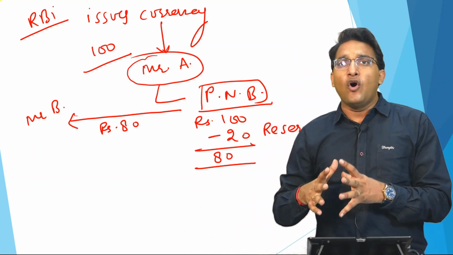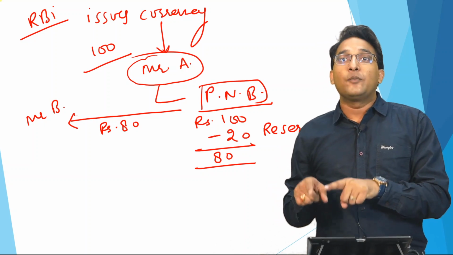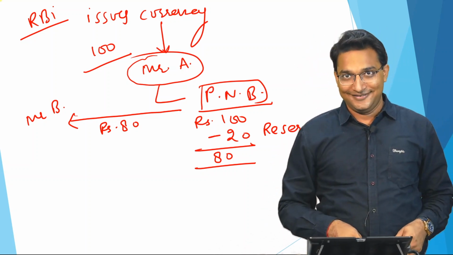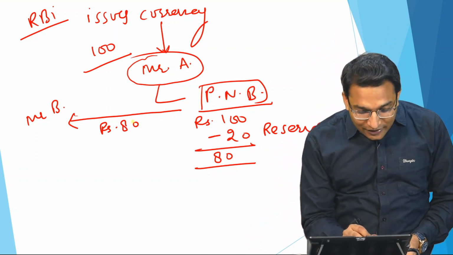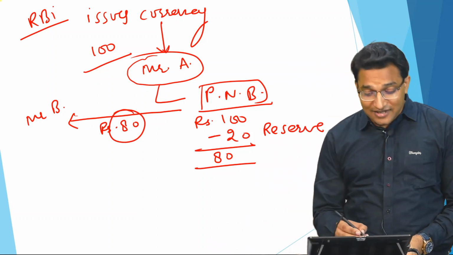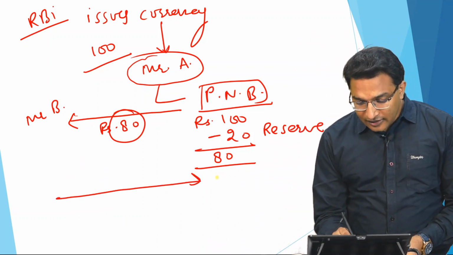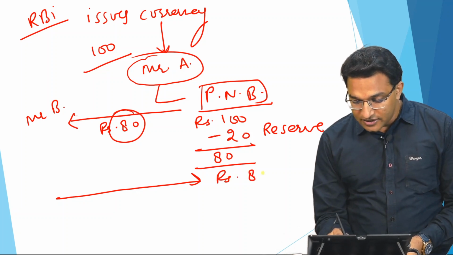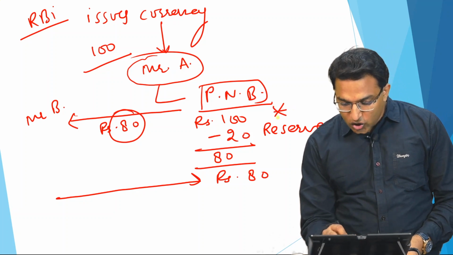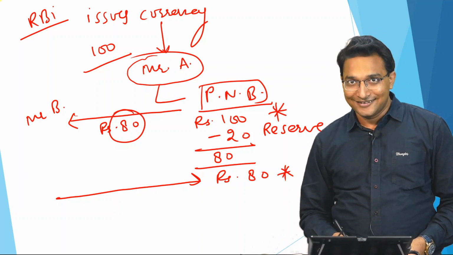that PNB will open an account of Mr. B in its bank and deposit this 80 rupees of loan in that account. So this 80 rupees automatically becomes the deposit of Punjab National Bank. So again, the Punjab National Bank gets the deposit of rupees 80. So the first deposit was the deposit of rupees 100 and the second deposit is the deposit of rupees 80.